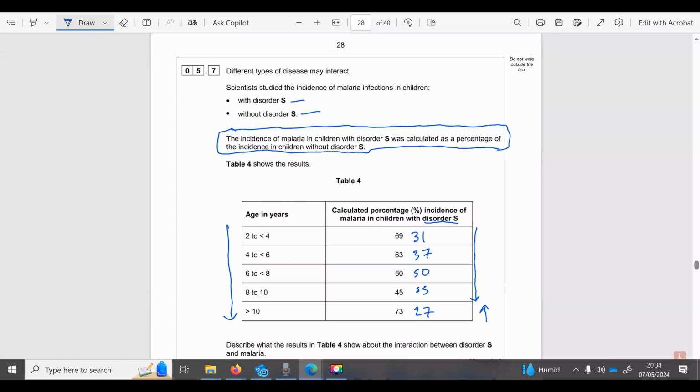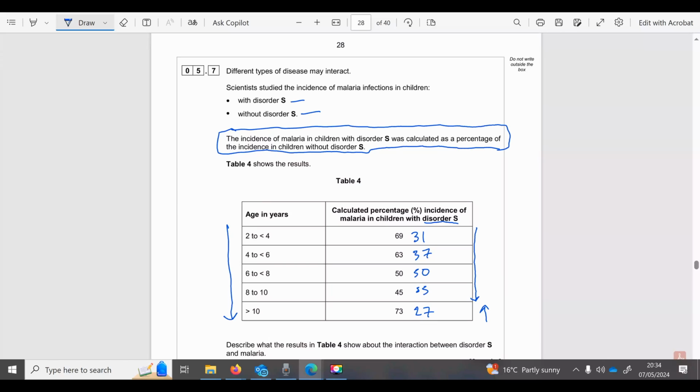So what can we say now? Well, the people with malaria that do not have disorder S is actually increasing as we age.